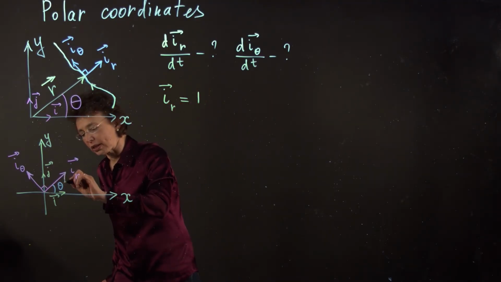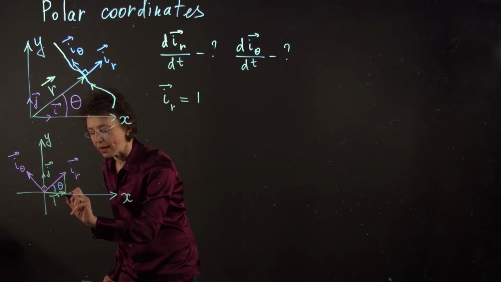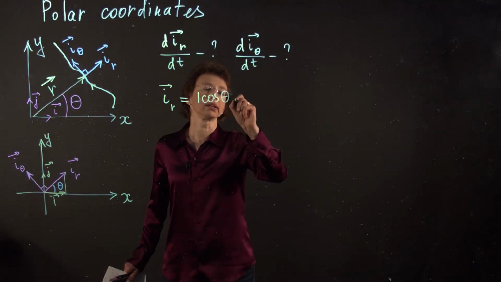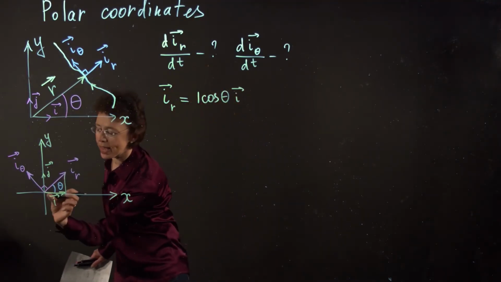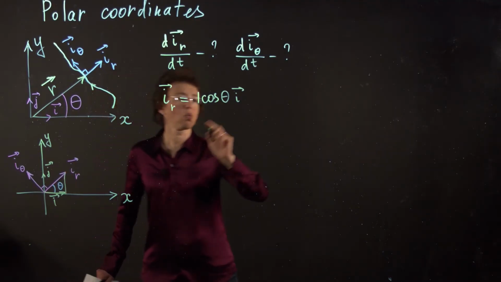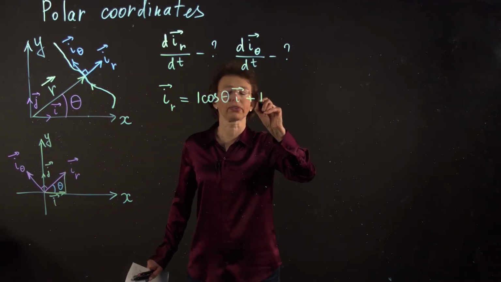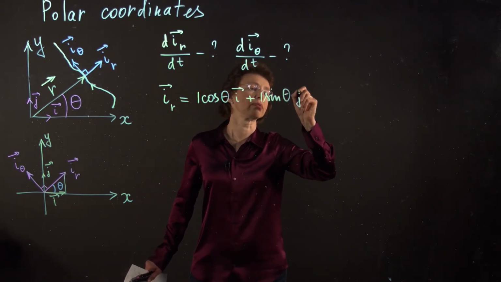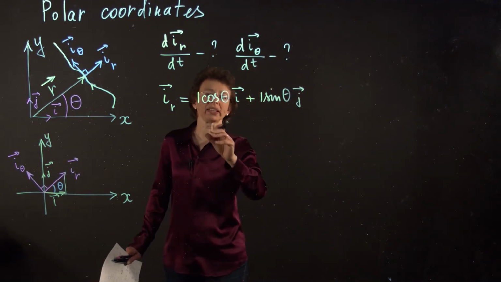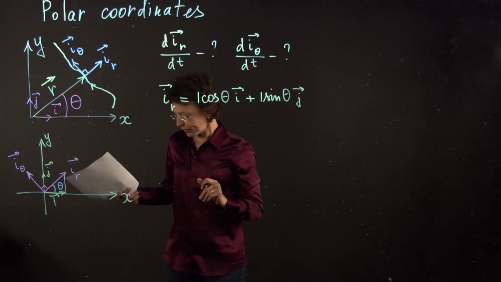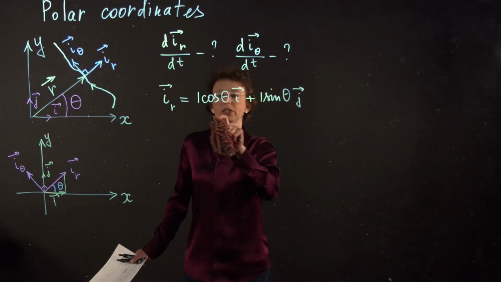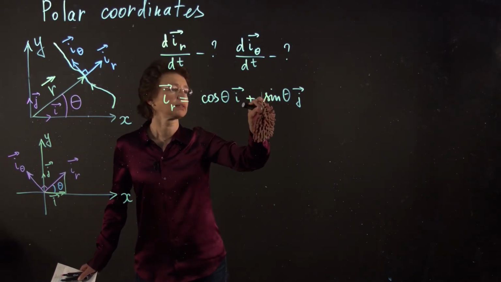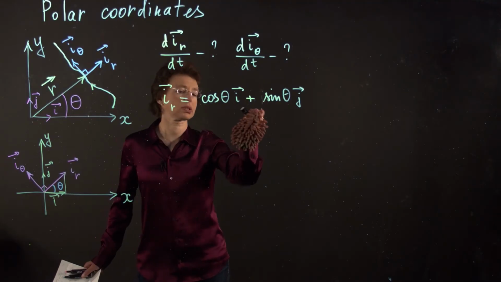The projection on x will give me 1 times cosine theta i, because it is the x projection, plus the y projection of i_r, whose length is 1, so 1 sine theta j. Now, since the length is 1, I will erase the 1, because we already understood that, to have our expressions a little bit shorter and better organized.